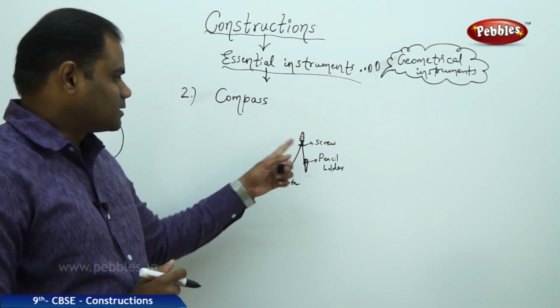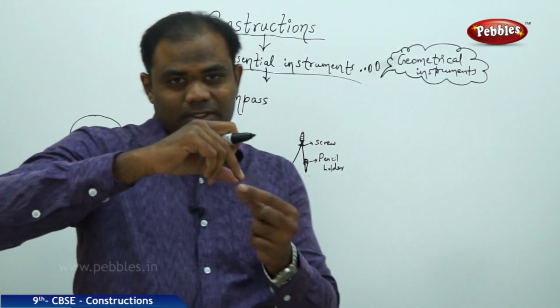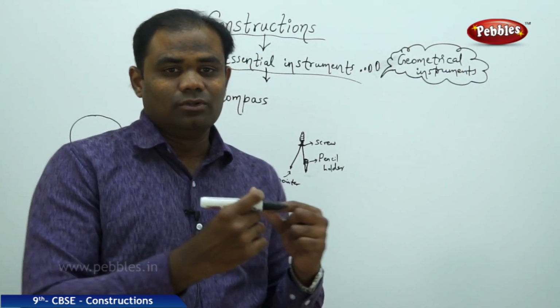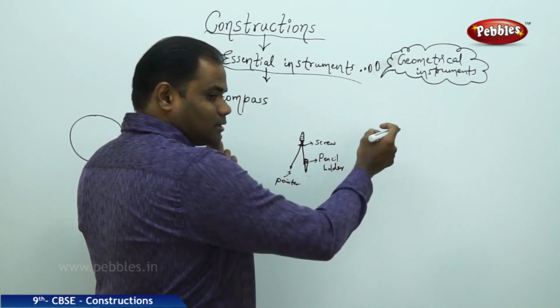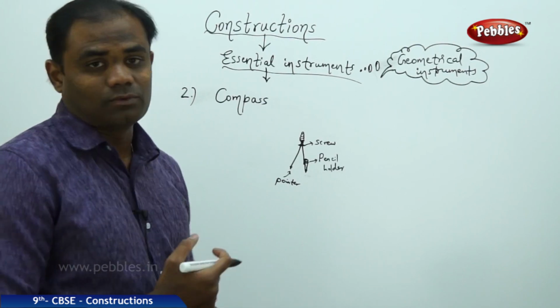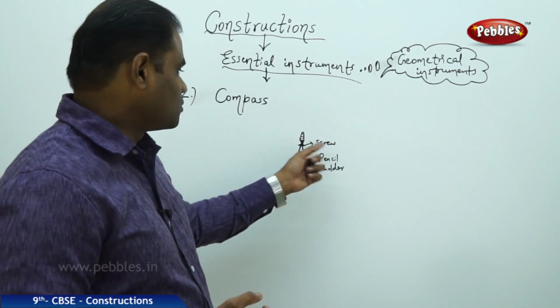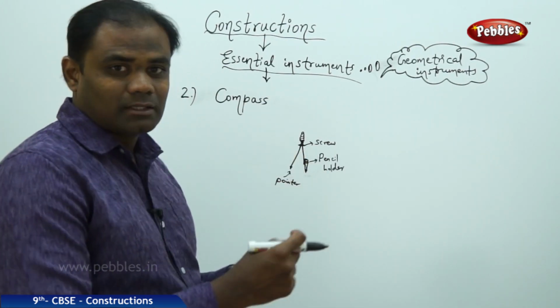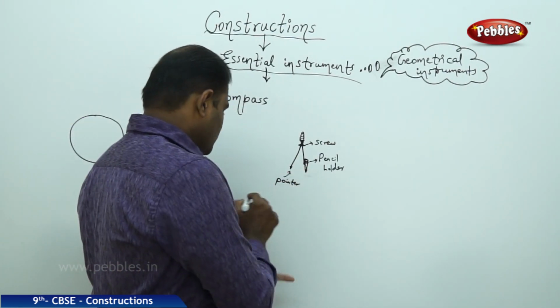So the screw makes it fixed so that you can make it tight or loose. It can be adjusted more tight or less tight using the screw. So adjustment of the screw helps us in making the pointer fixed at one point.